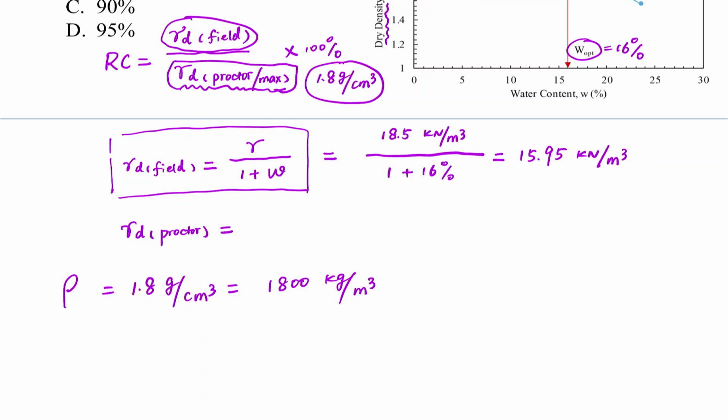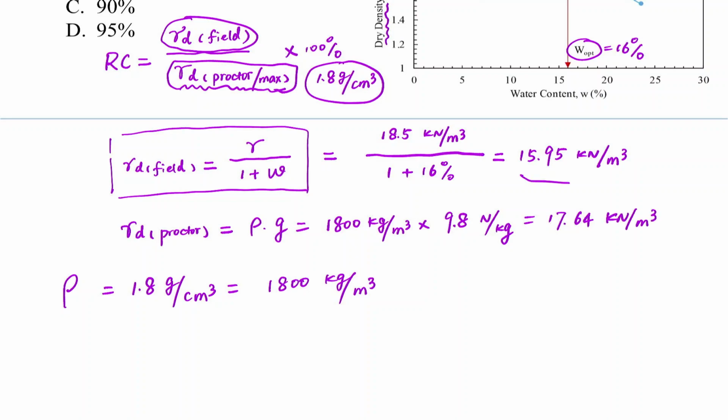And then the gamma would be rho times g. That is essentially 1,800 kg per cubic meter times 9.8. That is the gravity. And in this case, I would use the unit of Newton per kg for gravity. And that would give you 17.64 kilonewton per cubic meter.